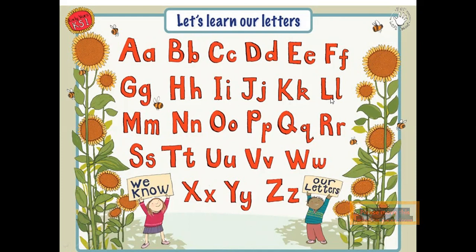Now, after K, the next letter is L. This one is the big L and this one is the small l. Lamp, leaf, and line.